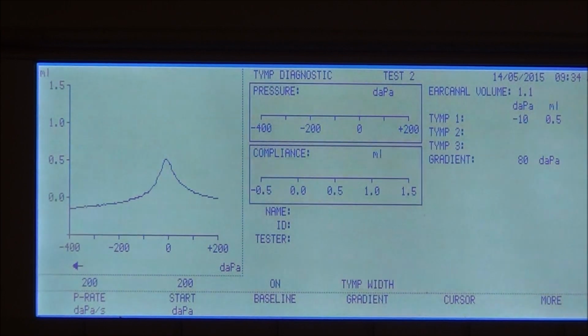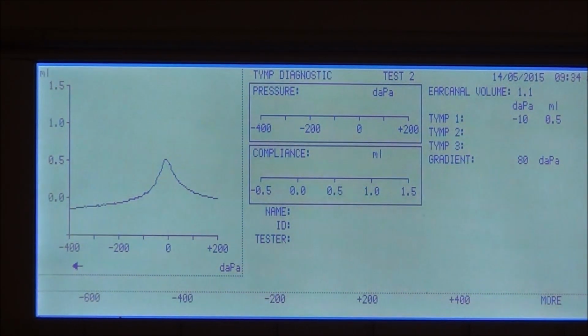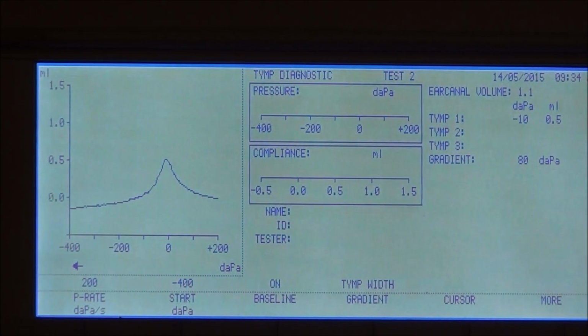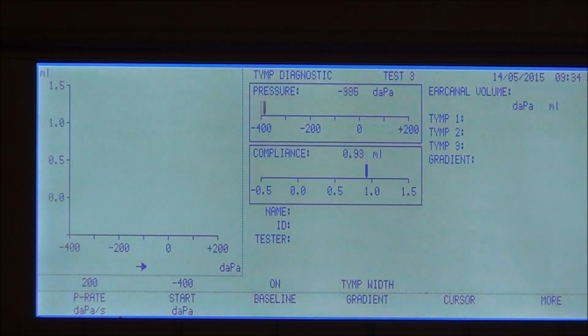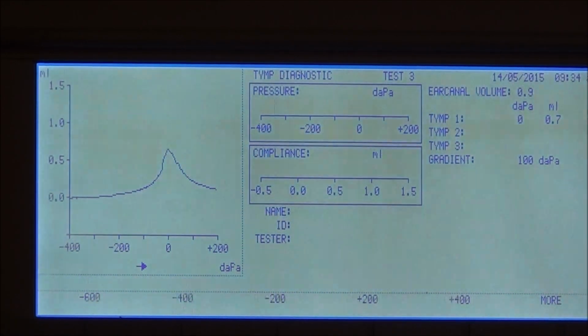So regardless of plus or minus, you will see the start pressure, the air canal volume appearing first. Say for example, now we started at plus 200. Imagine we are starting at minus 400. See, first value, air canal volume. Do you understand? So regardless of whichever direction you sweep, you will see air canal volume is the first value that appears.